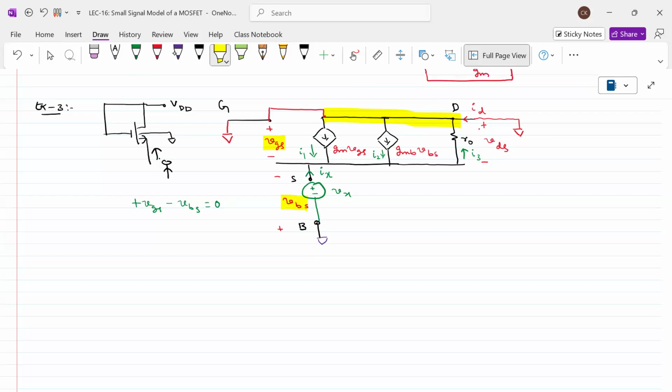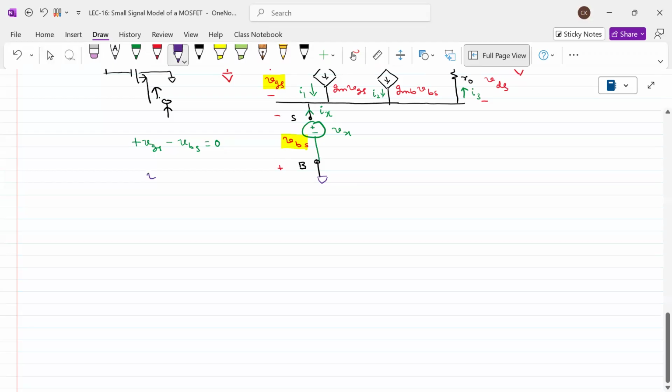Accordingly, what is the value of VGS? VGS is equal to VBS. Agreed? But what is the VBS in terms of Vx? This is actually Vx only, but with negative polarity. Observe this one: this is negative, this is positive.